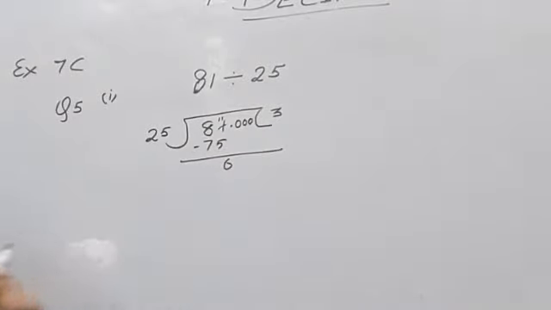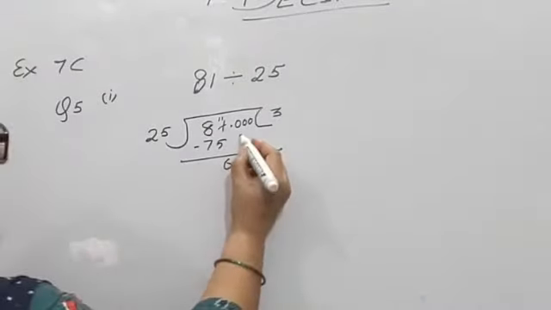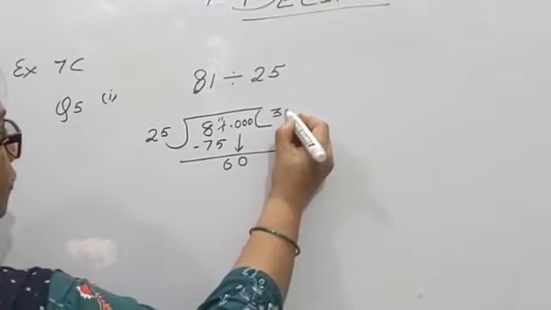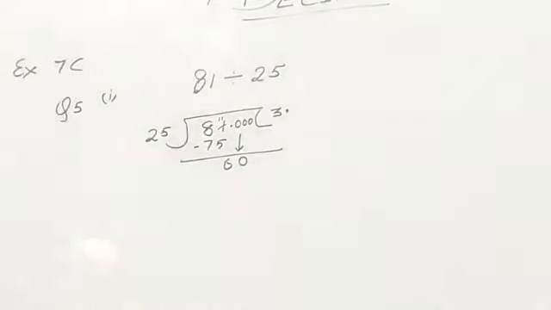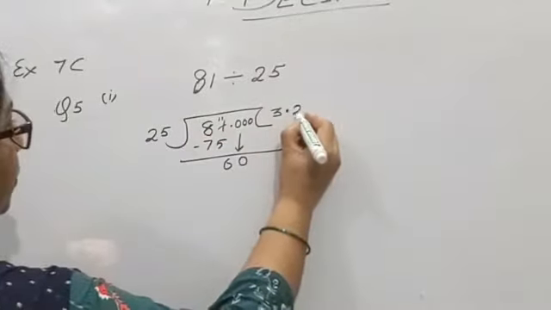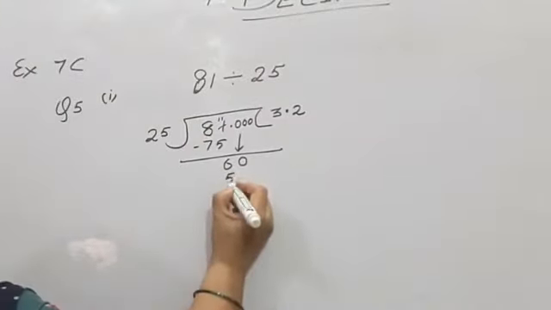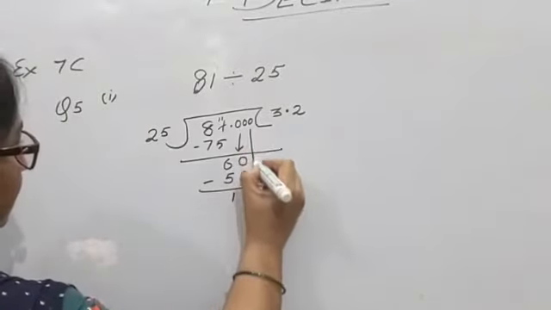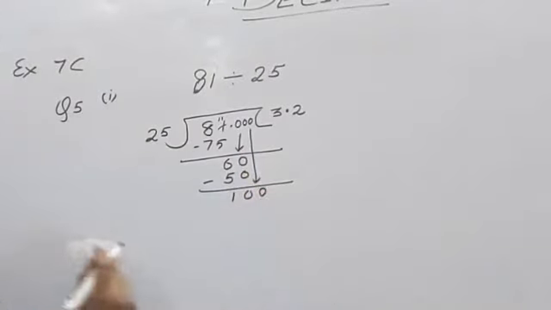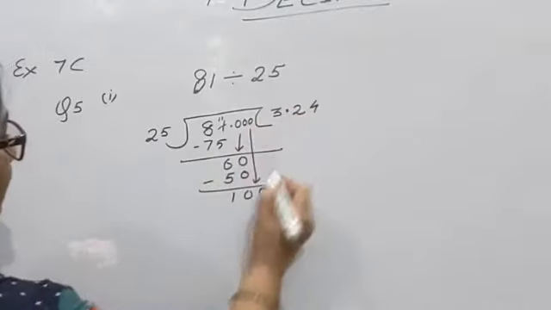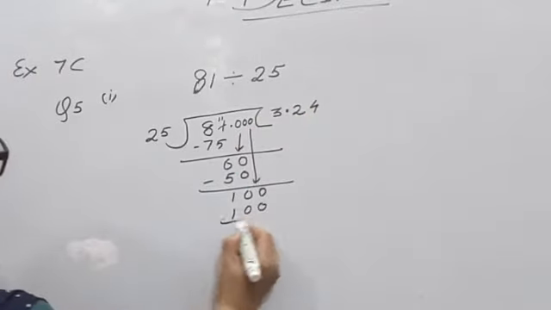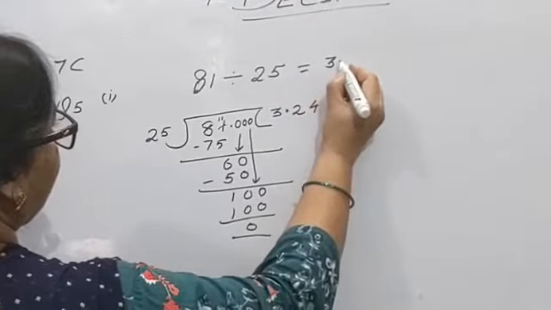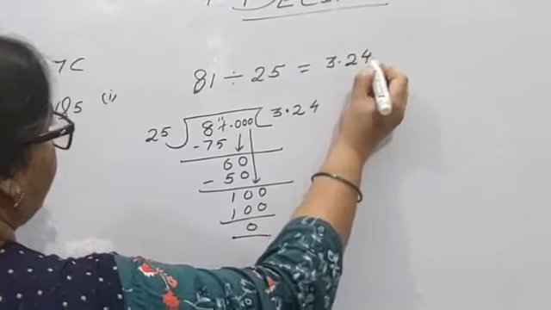So let's proceed. As soon as you bring the first decimal place digit down, the decimal is shifted to the quotient. 25 2 times, 25 2 is 50, minus, 10, bring the next 0 down. 25 4 is 100. Hence the quotient is 3.24.